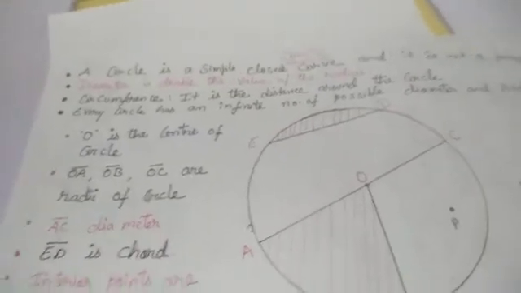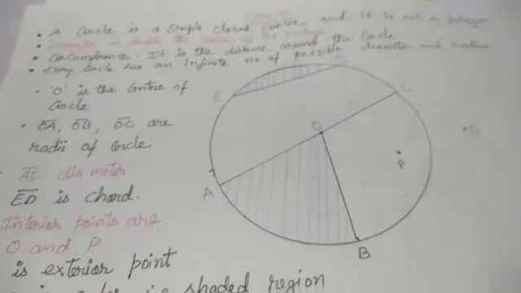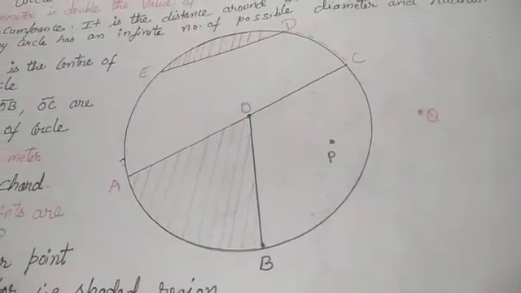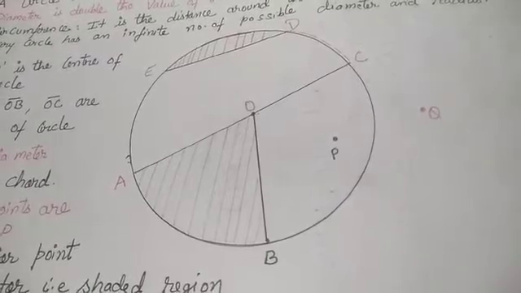Now we will discuss the different points of a circle. Here we have drawn a circle in which we have located different points. First point is O, the center of the circle.